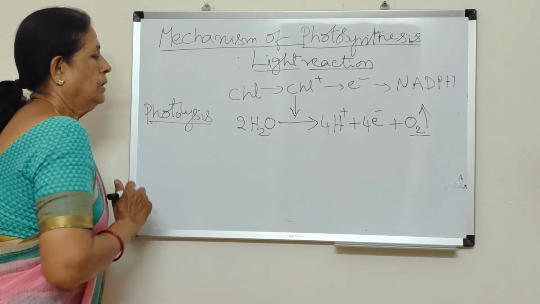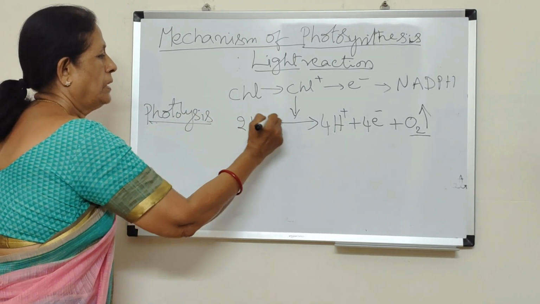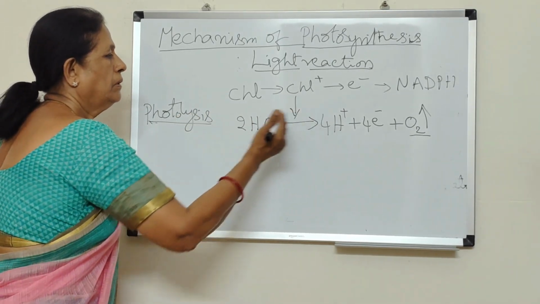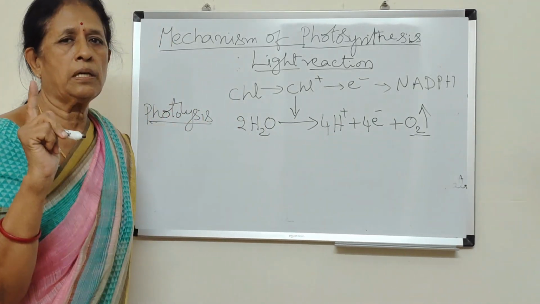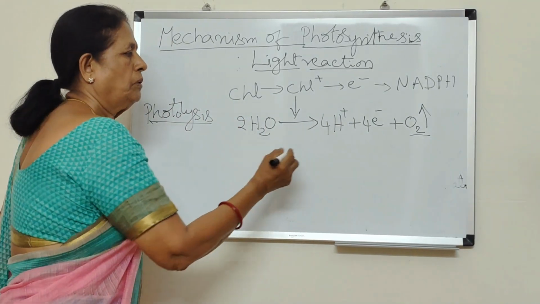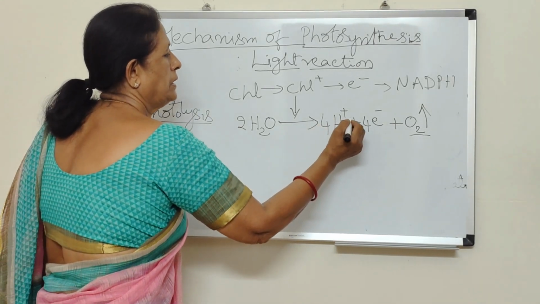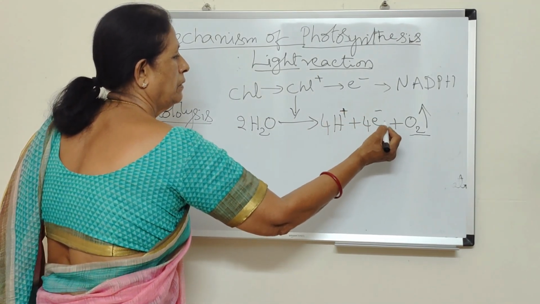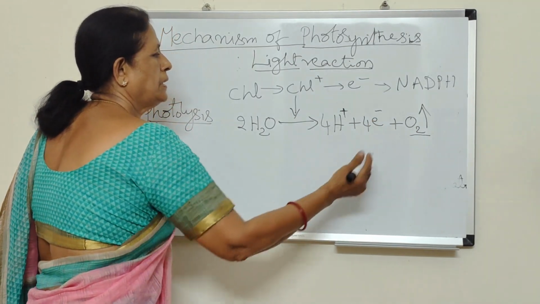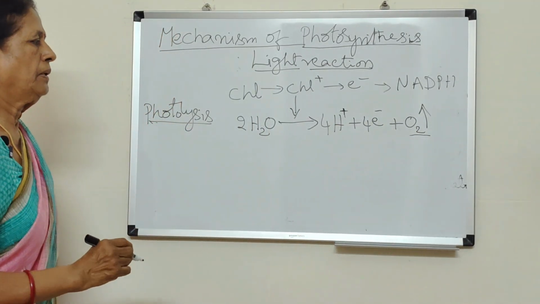Now the water molecule is split into ions. Hydrogen contains one electron and one proton, that you know. So it splits into hydrogen positive ions and 4 electrons, and oxygen is released into the atmosphere.